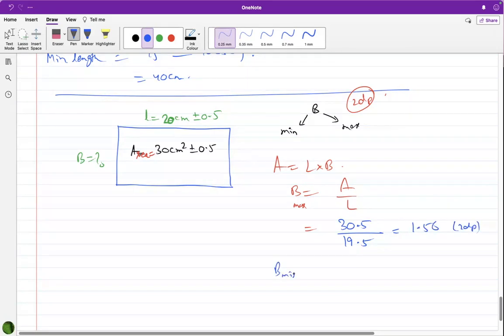And breadth minimum would give 29.5 by 20.5, which is 1.44 to two decimal places. Centimeters.